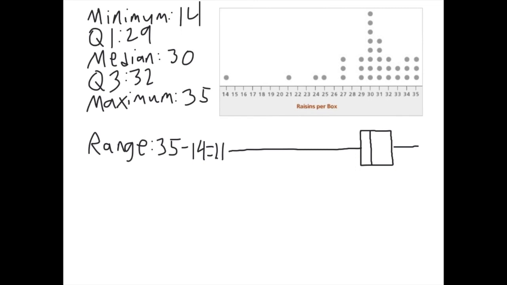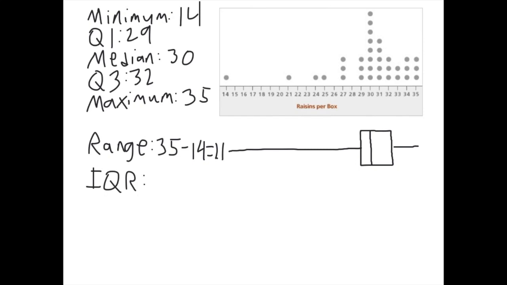Now, you can also use this information to find what's known as the interquartile range, also known as IQR. That would be taking the two quartiles. So you want to find what's the range of the center 50% of the data.